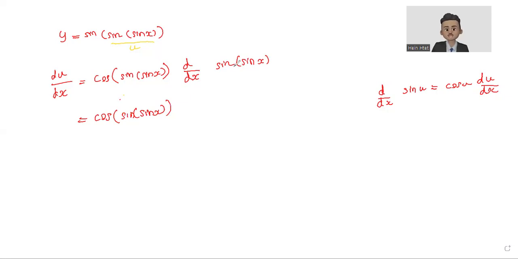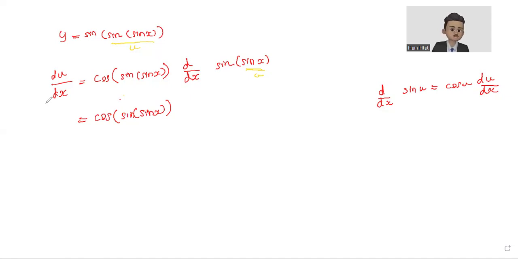Then for this one again, here it starts with sine, so this is u again. When you differentiate sine u, you get cos u and then differentiate u again.